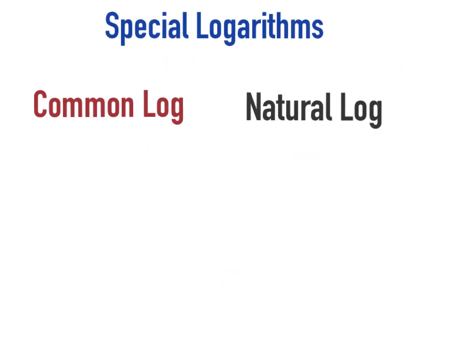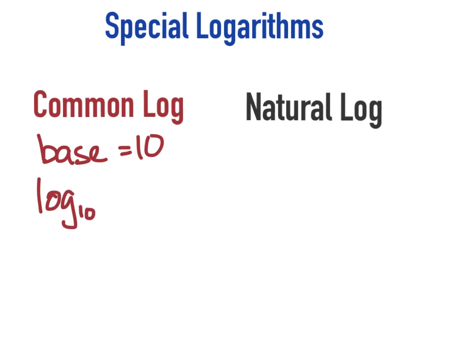The last thing I'd like to talk to you about are special logarithms. These are logarithms that are used so often that we don't always have to write the base. First up is a common log. This has a base of 10. So log base 10, we can just write log.